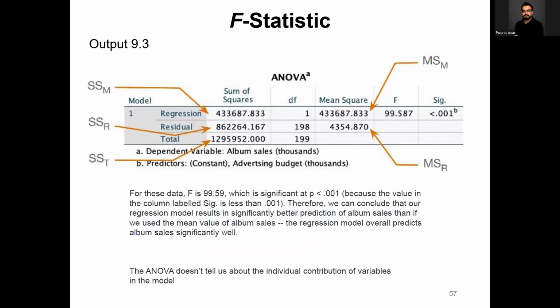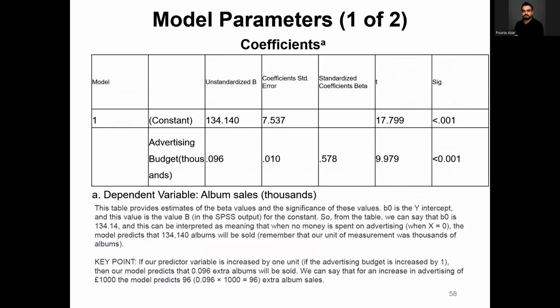So we have sum of squares for regression, residual, and total, which is SSM, SSR, and SST. We also have mean squares, MSM and MSR, and we can use these to calculate the F statistic. But there is no need to do that because SPSS provides the F statistic for us.